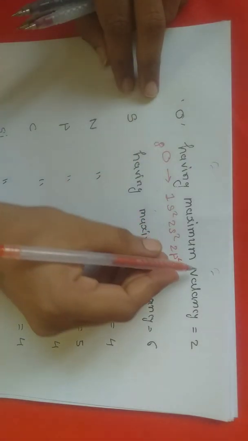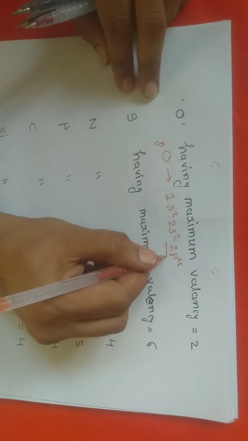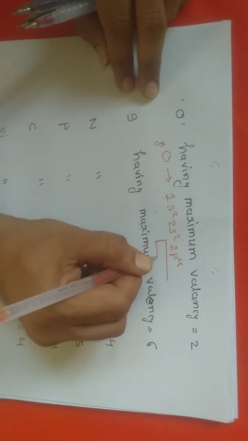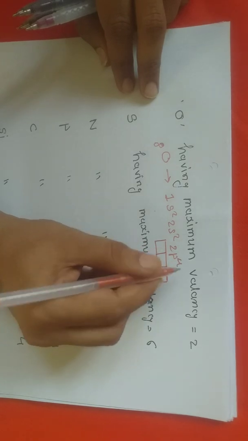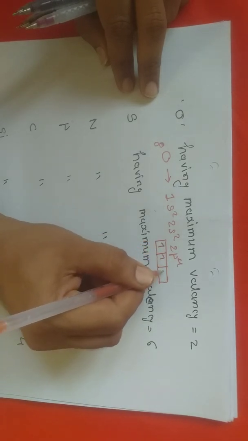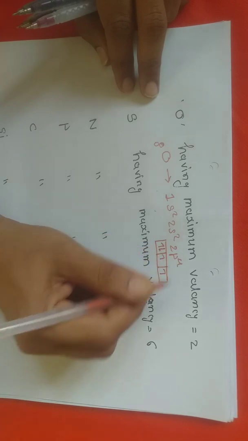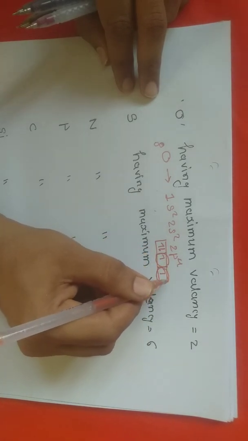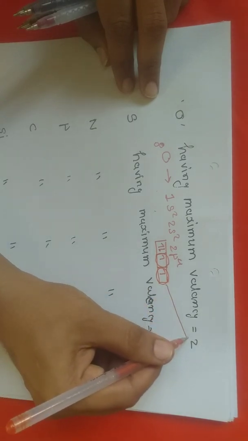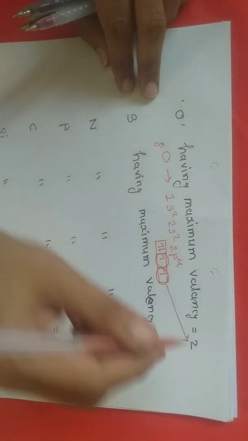In 2p4, we know friends, the p orbital has a total of 3 orbitals, so 1, 2, 3 and 4. Only 2 electrons are available for making a bond. That's why the maximum valency of oxygen is 2.